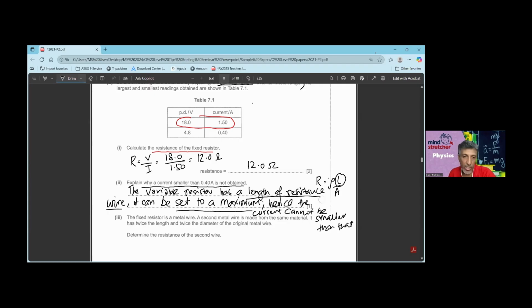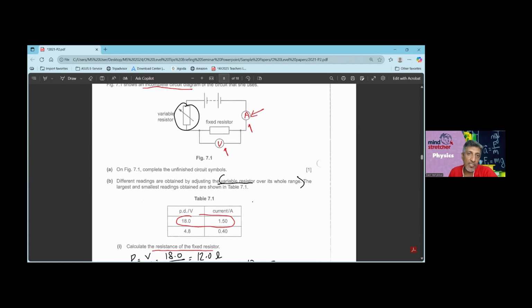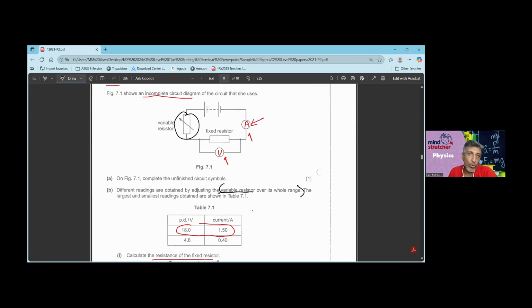What this means is you are controlling the current that flows here by varying this. So no matter what, the variable resistor can be set to a maximum resistance.